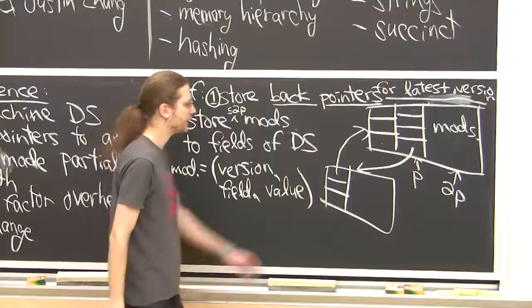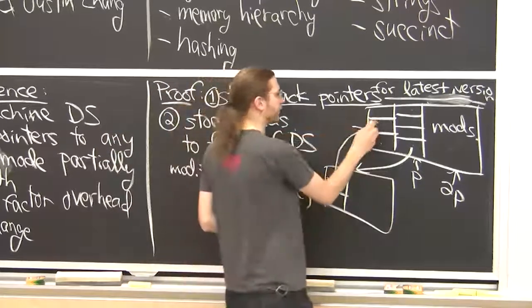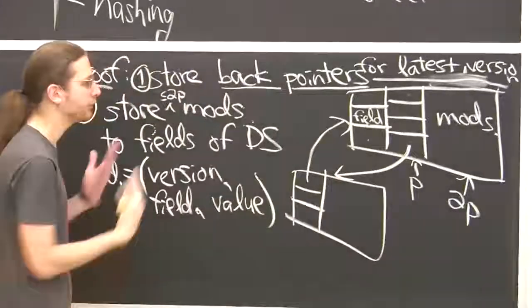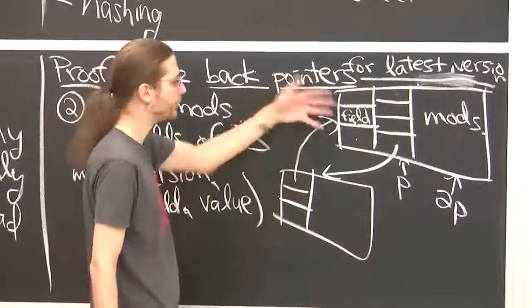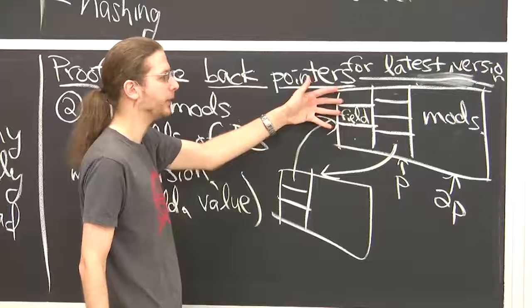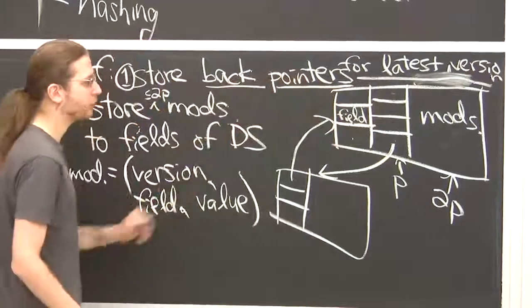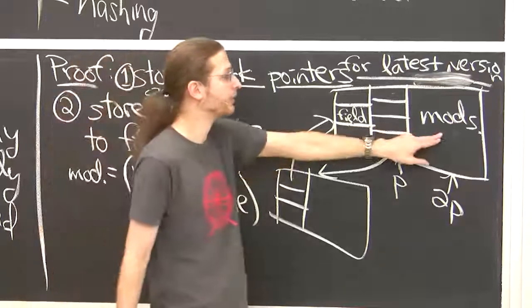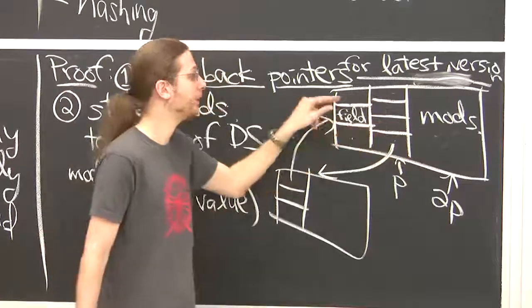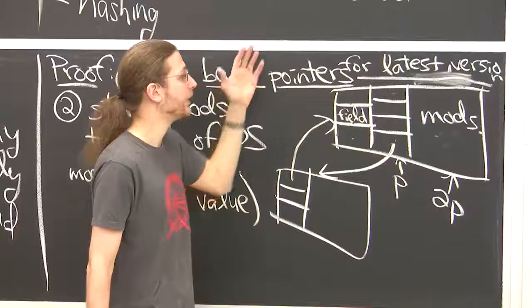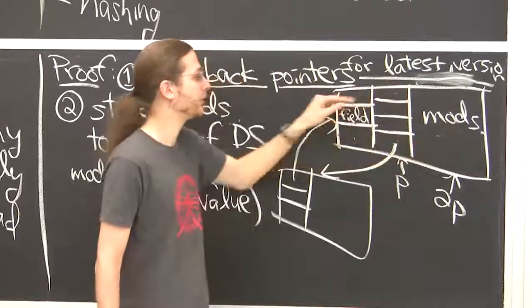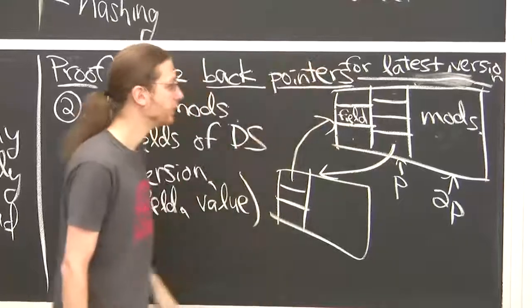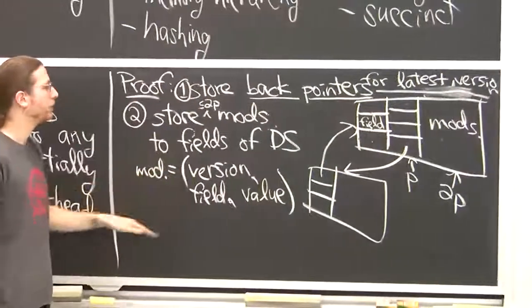Okay, so the idea is that these are the fields here. We're not going to touch those. Once they're set to something, or whatever they are initially, they will stay that way. And so instead of actually changing things like the data structure normally would, we're just going to add modifications here to say, oh, at this time this field changed to the value 5, and later on it changed to the value 7, and later on this one changed to the value 23, whatever.